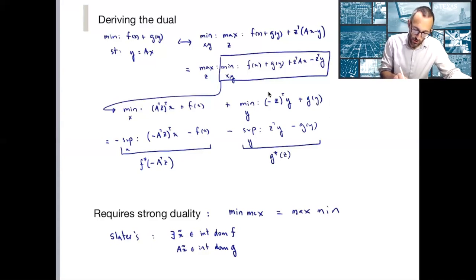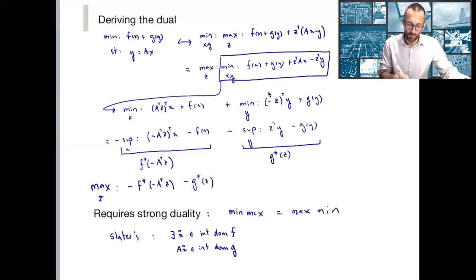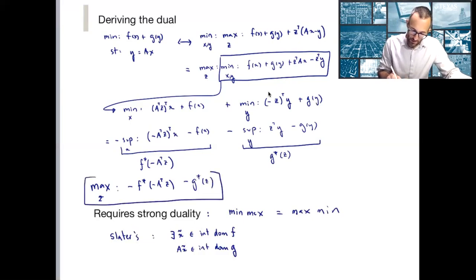So that means that overall, this inner min is equal to minus f star of minus A transpose z minus g star of z. So therefore, the dual problem reads max, and now the min inside we've already processed, and we're left with minus f star of minus A transpose z minus g star of z. And this is exactly what we had on the previous slide. This is what we wanted to show.